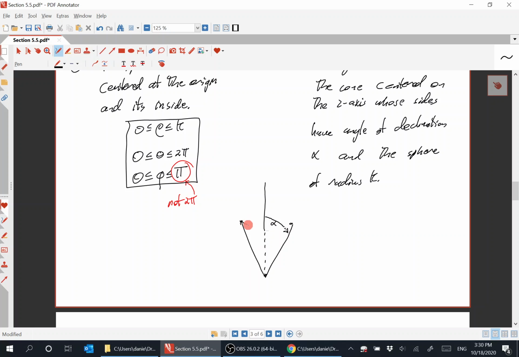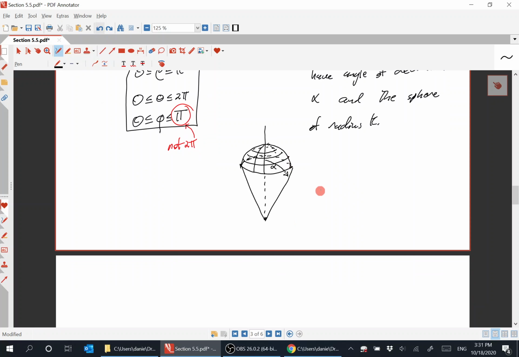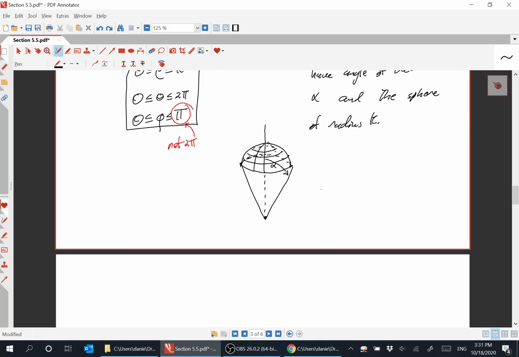And then topping that off is the sphere of radius k. All right, so this snow cone shape.